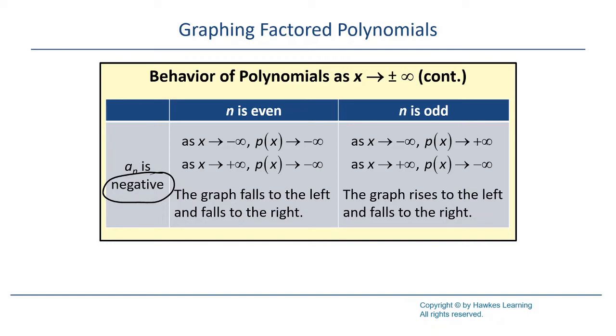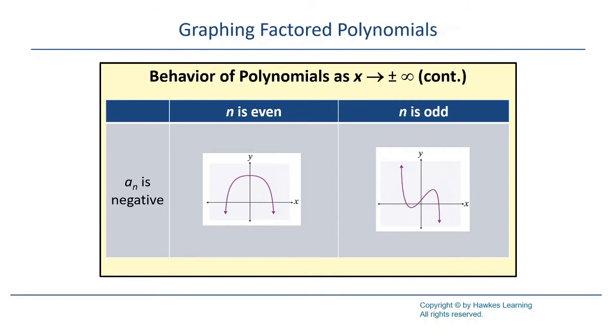The odd function will go to the opposite values. And so if the leading coefficient is negative and the power is even, then it falls to the left and falls to the right. So as x goes to positive infinity, the function goes towards negative infinity. As x goes towards negative infinity, the function goes towards negative infinity.